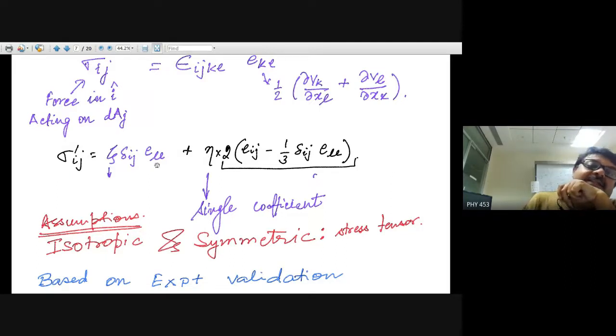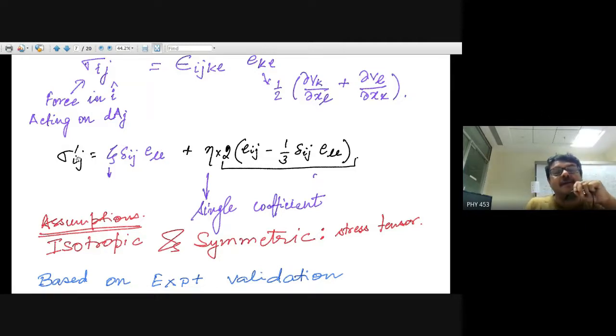And usually for fluids like water, the contribution due to volume change is often pretty negligible.